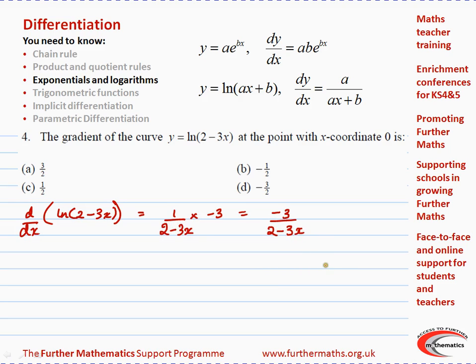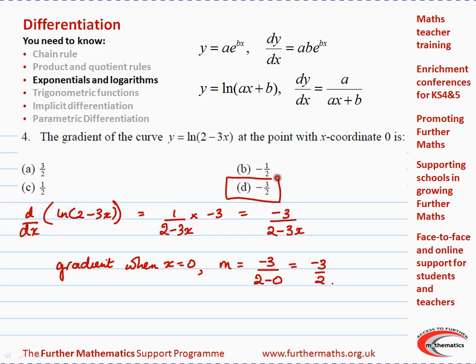So that's found an expression for dy/dx. So the gradient at the point where x is 0 is going to be minus 3 over 2 minus 0, so minus 3 over 2, and I think that matches quite nicely here with answer D.